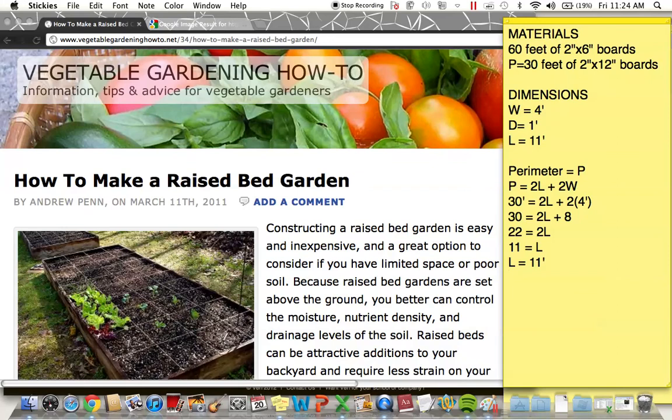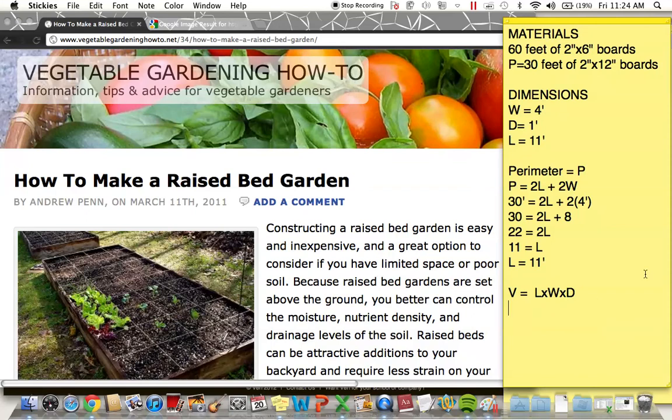Now, the last thing that we have to do is solve for volume of the enclosed raised bed garden. Why we want to find volume is because that refers to the total amount of substance that fits inside that three-dimensional object. And if you remember anything about volume of a prism or cube, it's length times width times depth.